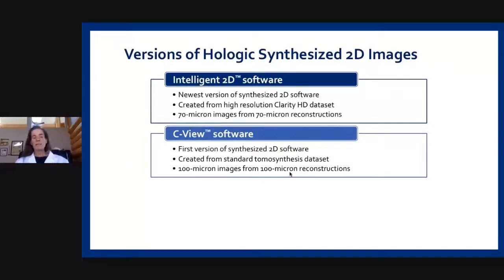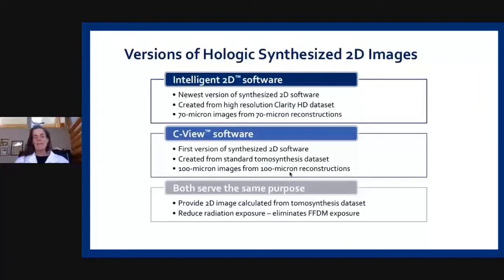Many of us, myself included, started with C-View, and then transitioned to the intelligent 2D. They both serve the same purpose, decreasing exposure, decreasing the time the patient is in the room and the scan time, and allowing us to get good information from our tomosynthesis slices.